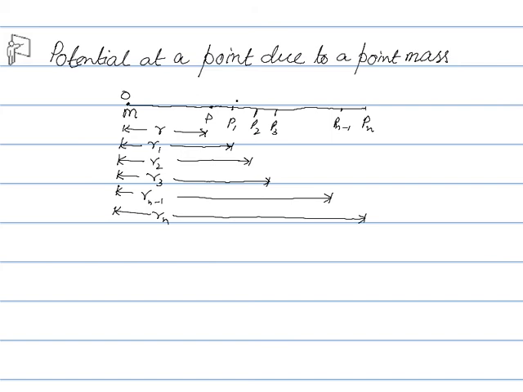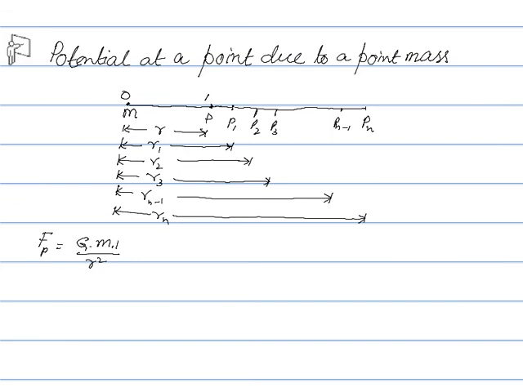Now suppose we imagine a unit mass, say 1 kg mass, here. Now the force at P due to the point mass M at O will be G M into 1 (this is the unit mass) by square of the distance.